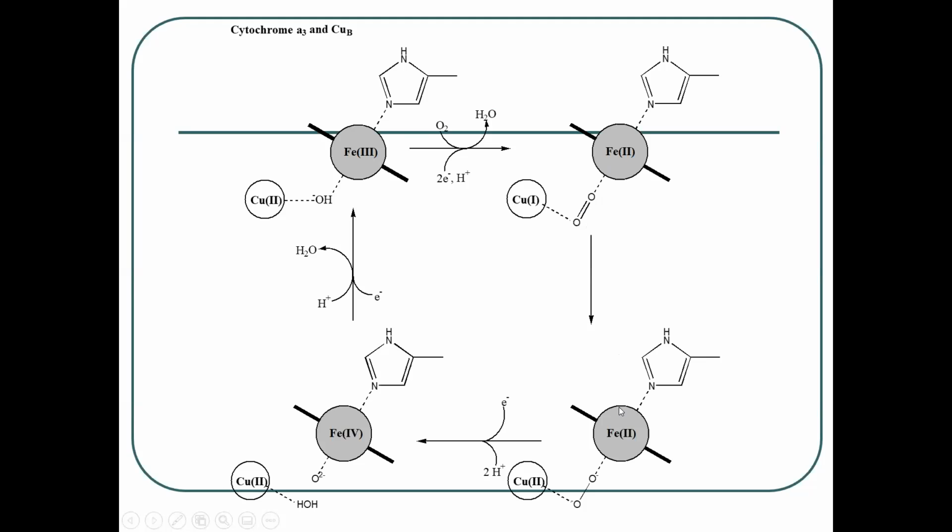As you accept electrons, now you go from copper 1 to copper 2. You accept more electrons. You now go to copper 2, iron 4, and then you accept your hydrogens, as you can see here, and we have a water here, and then you have a water here, and you release it essentially that way as water, and then you regenerate your original status here, ready to bind another oxygen.